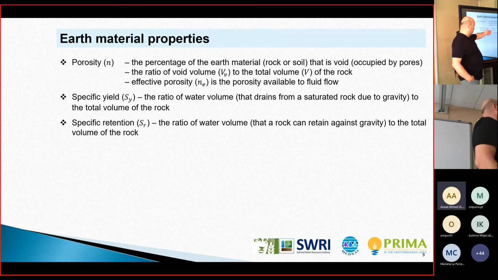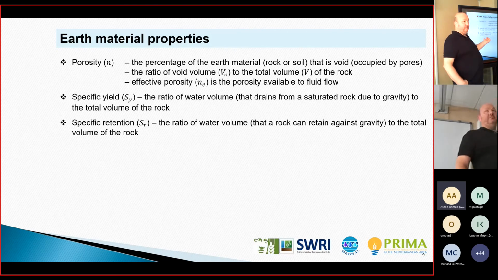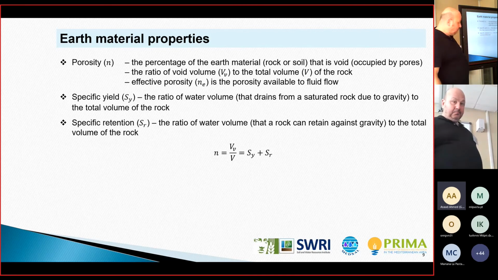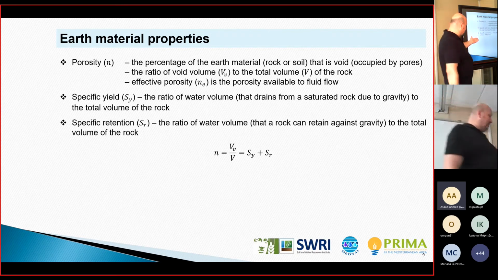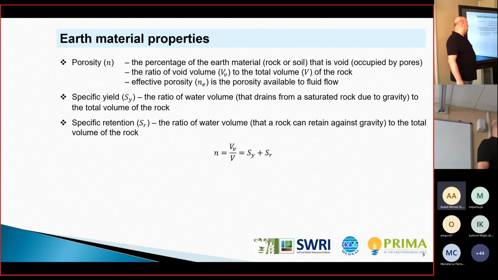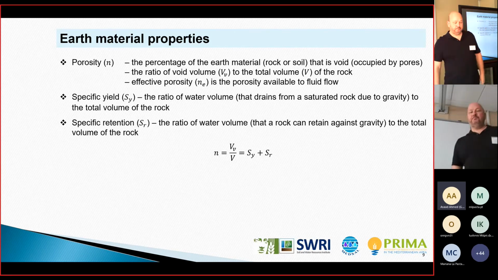As you can see, if you compare the two definitions, it is the ratio of water that the rock can retain against gravity to the total volume of the rock. So from these definitions, we can combine them and say that porosity, the ratio of void volume to the total volume, is also the sum of the specific yield and the specific retention.